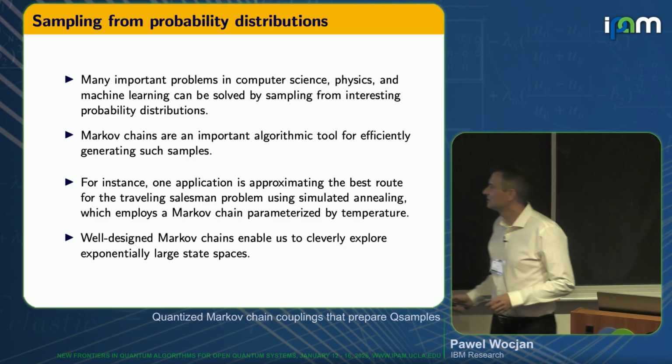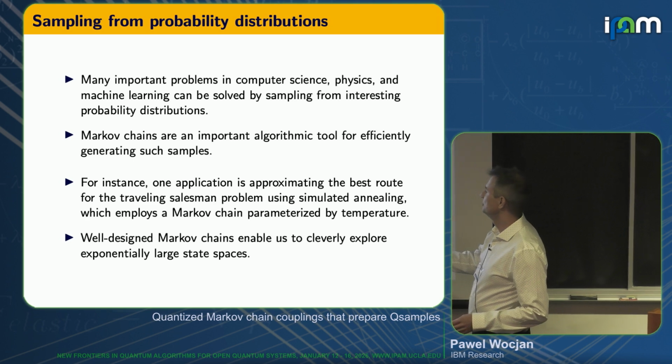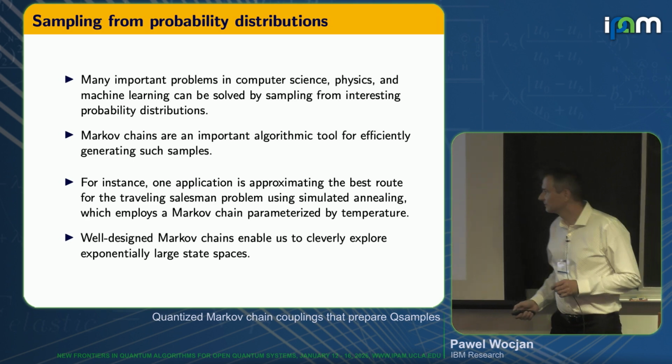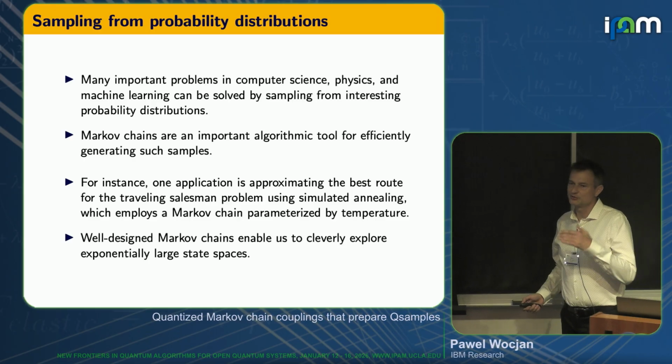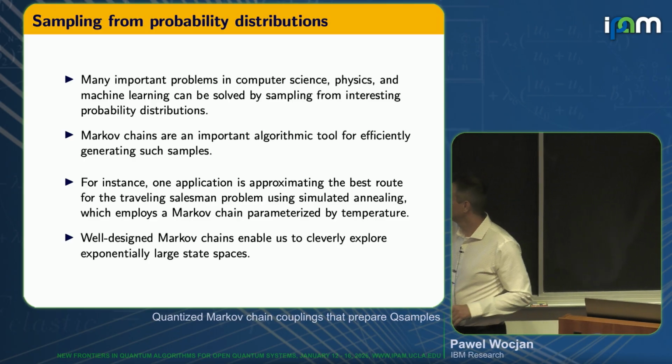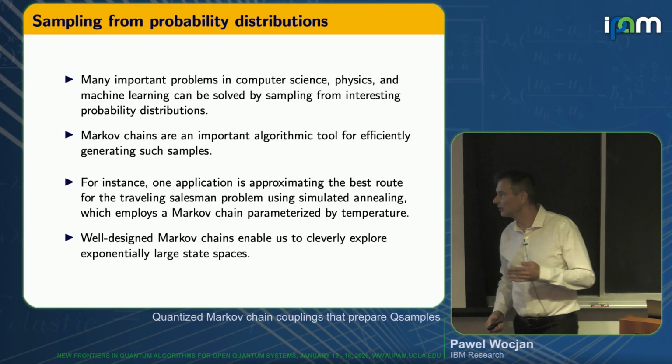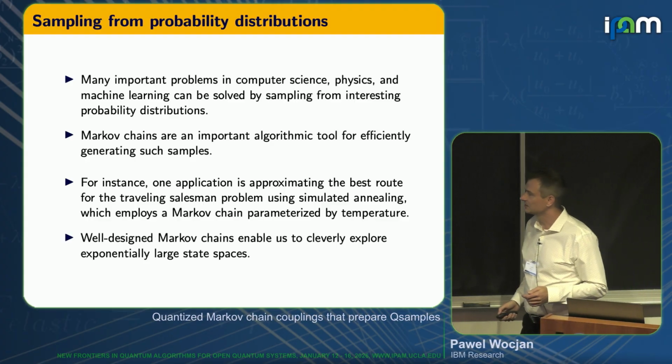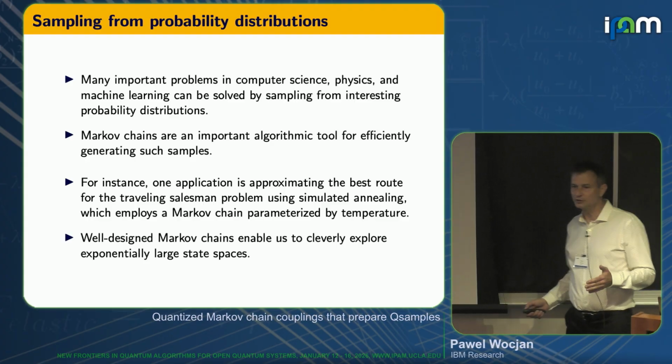For example, one application could be, let's say you want to solve a traveling salesman problem. Maybe you could use simulated annealing. This employs a Markov chain that is parameterized by temperature.